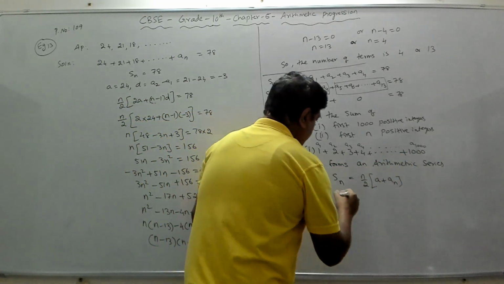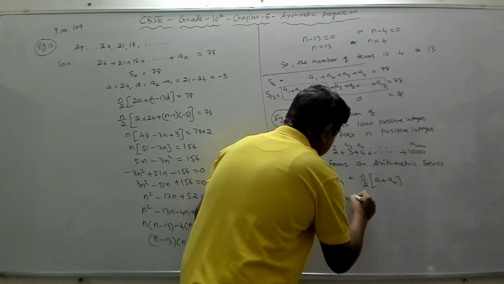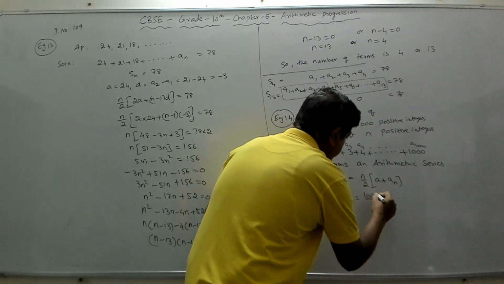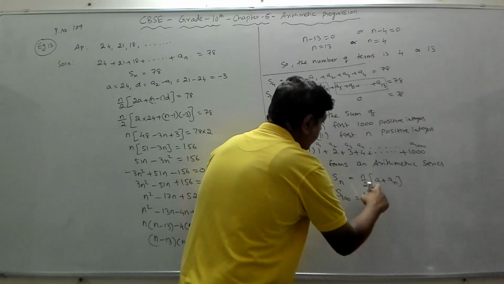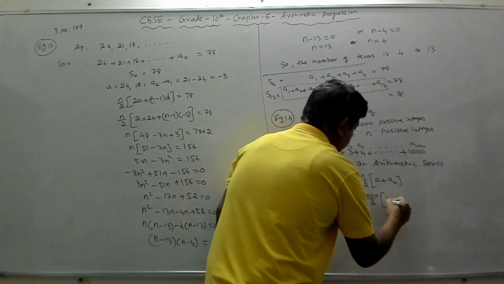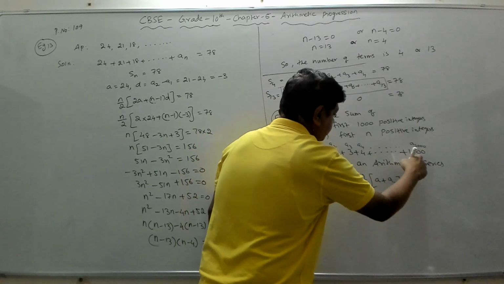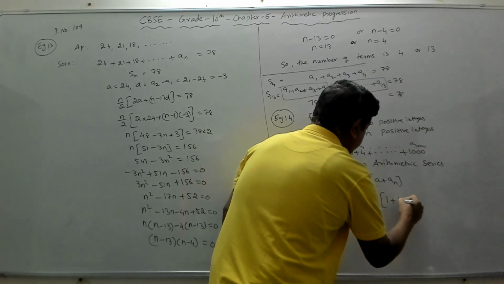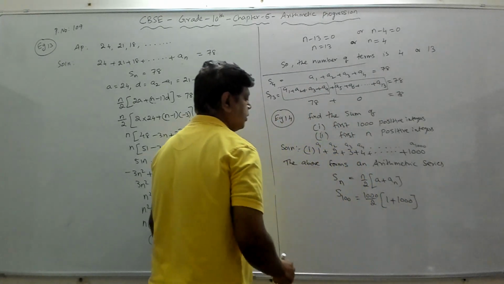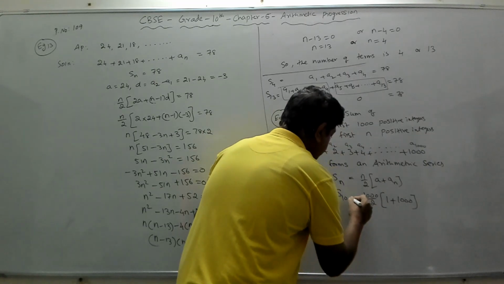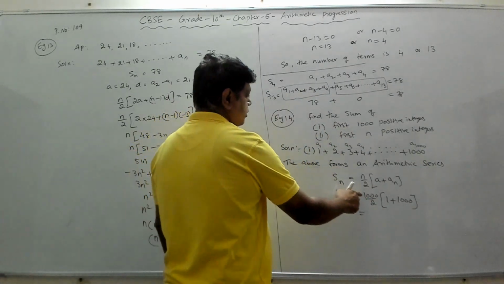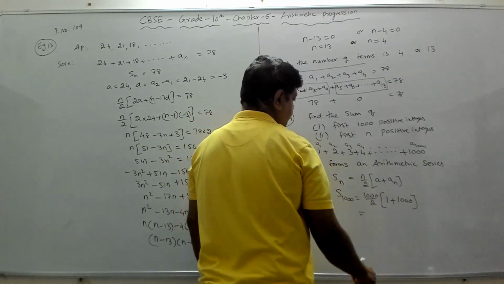So now we have to find S1000. So S1000 is 1000 by 2 into a, the first term, 1, plus an, the last term, which is 1000, right? So S1000 is 1000 by 2 into 1 plus 1000.